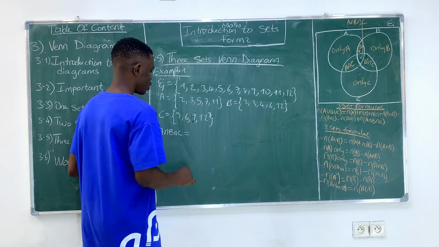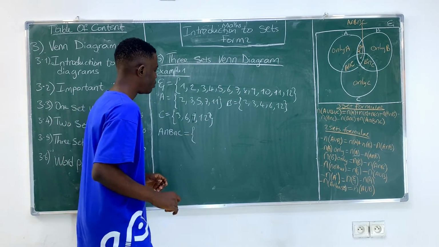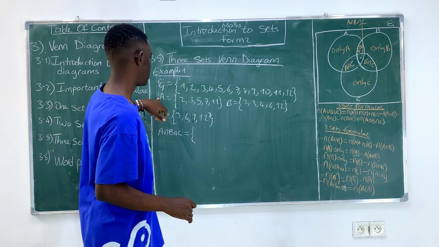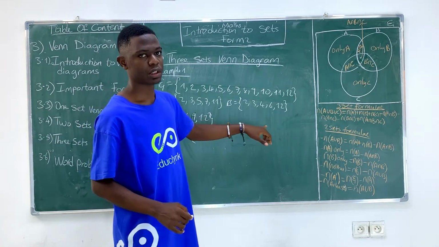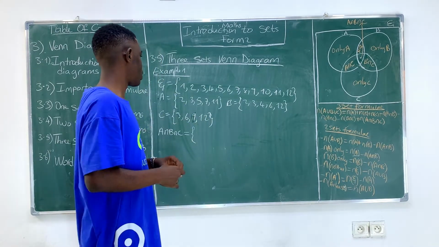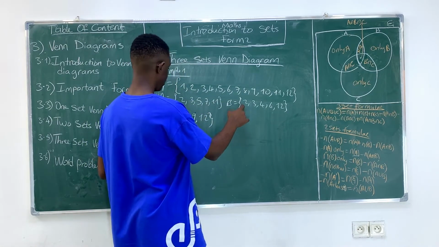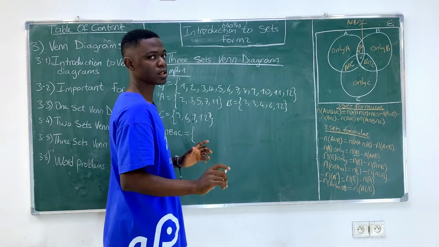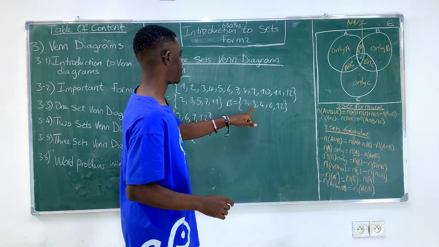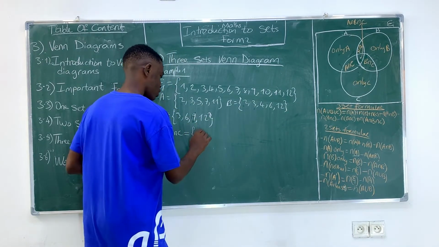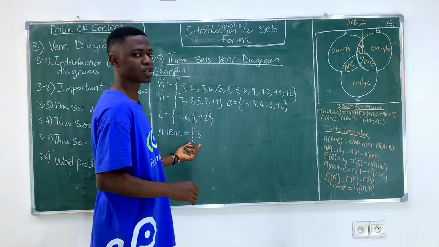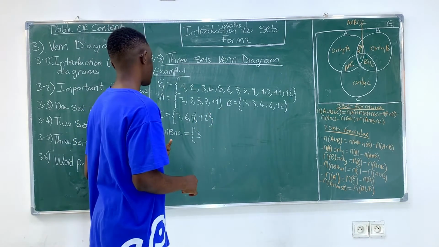So what is A intersection B intersection C? It means everything that is in A, but is also common to B, and is also common to C. So let's check for the numbers. We have 2 in A, 2 in B. There's no 2 in C, so we don't write it. 3 is in A, 3 is in B. There is 3 in C too. So you write that 3 because it is common to all of the sets.